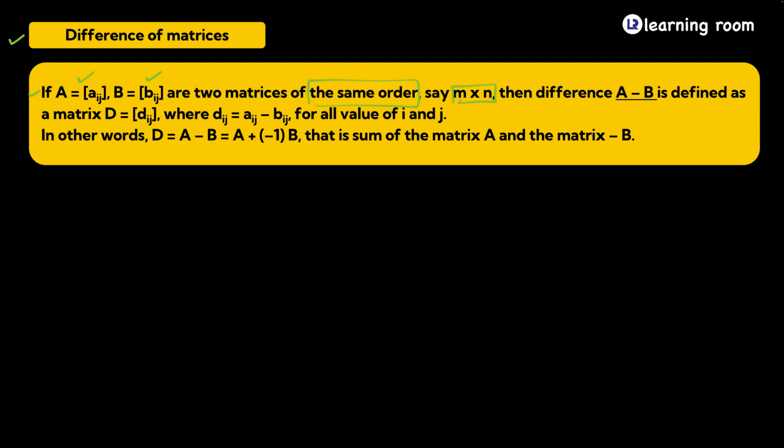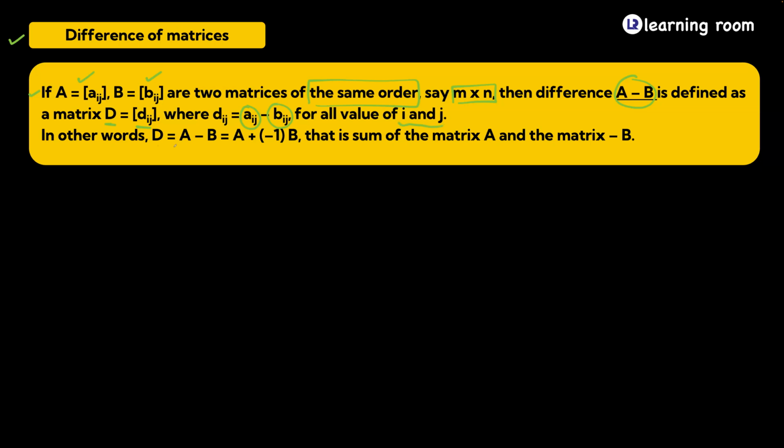Then the difference A minus B is defined as the matrix D, which is given as Dij, where Dij will be Aij minus Bij, means the difference between the corresponding elements of matrix A and matrix B for all values of i and j, right?